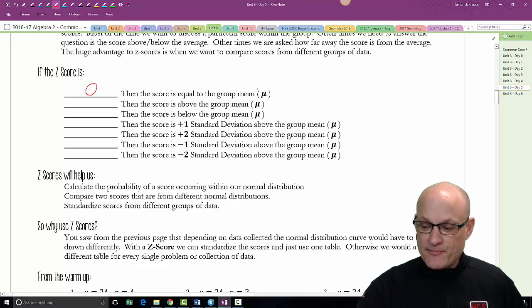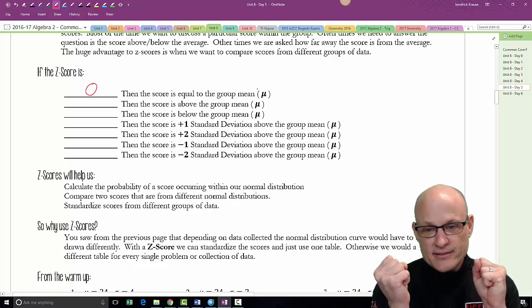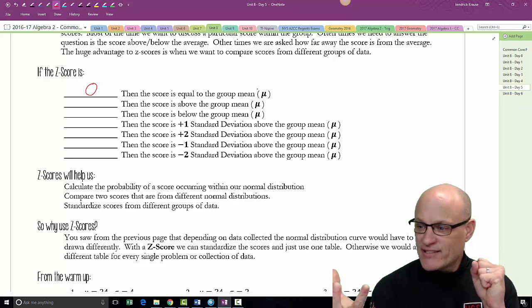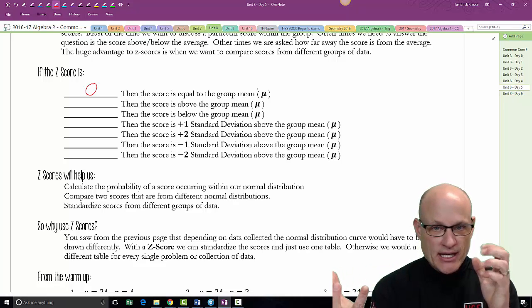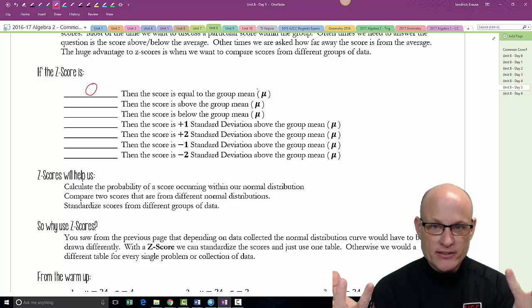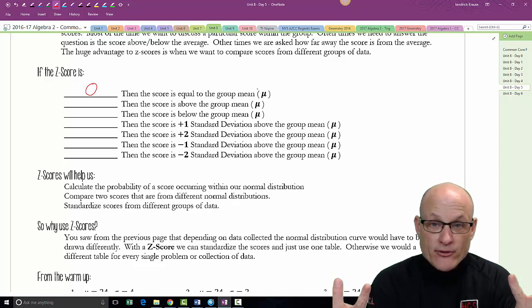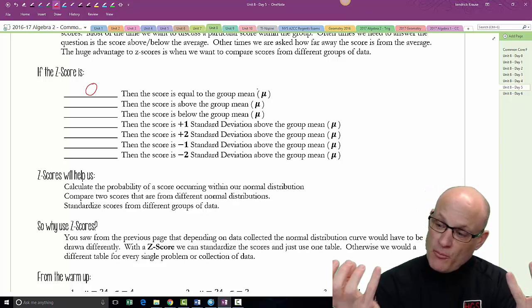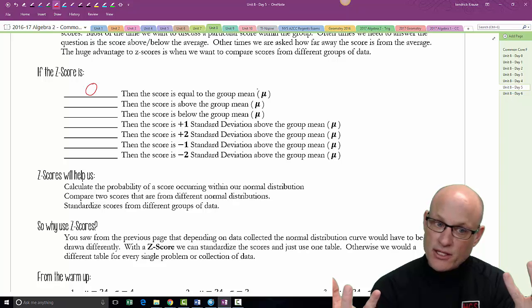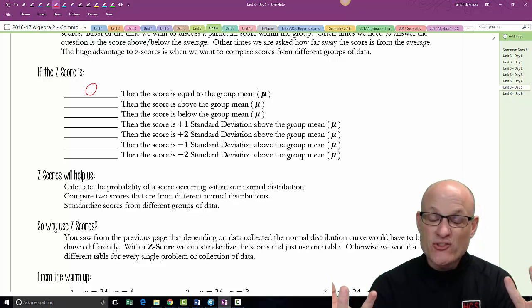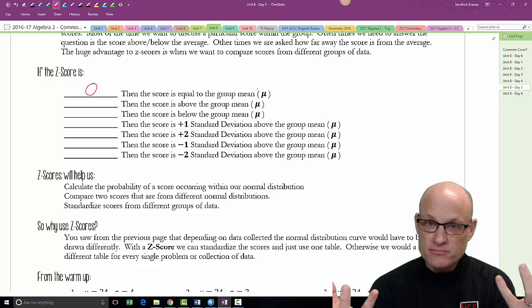So let's say on test A you got a 20, and on test B you got a 30. Well, did you do better? I don't know. What if the mean score on test A was 20 and you got a 20? You were 0 standard deviations above the mean.